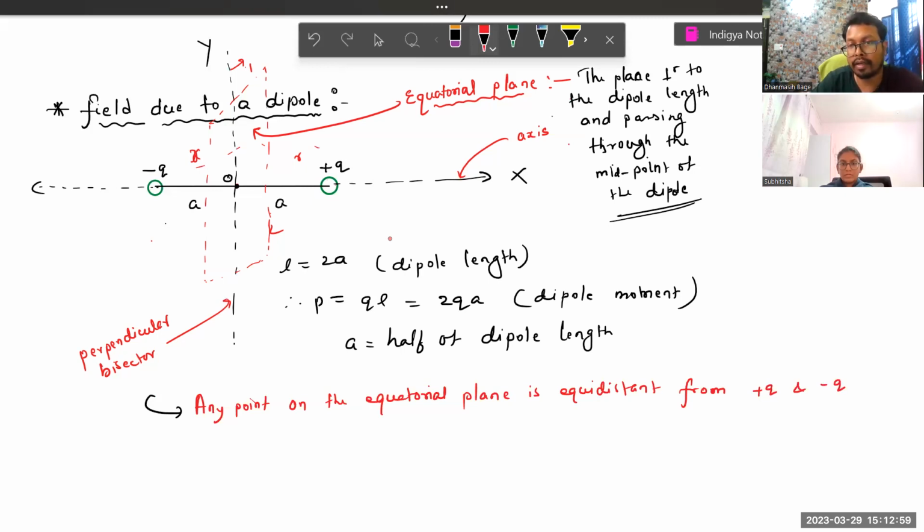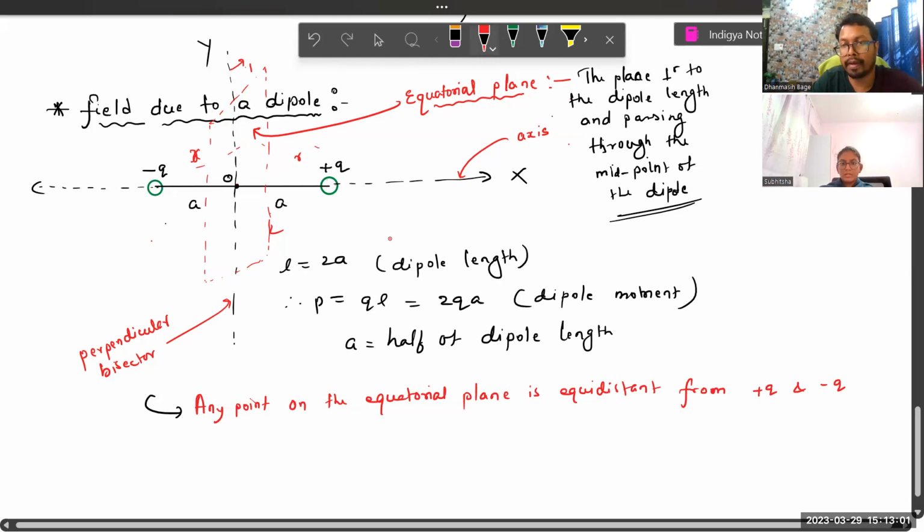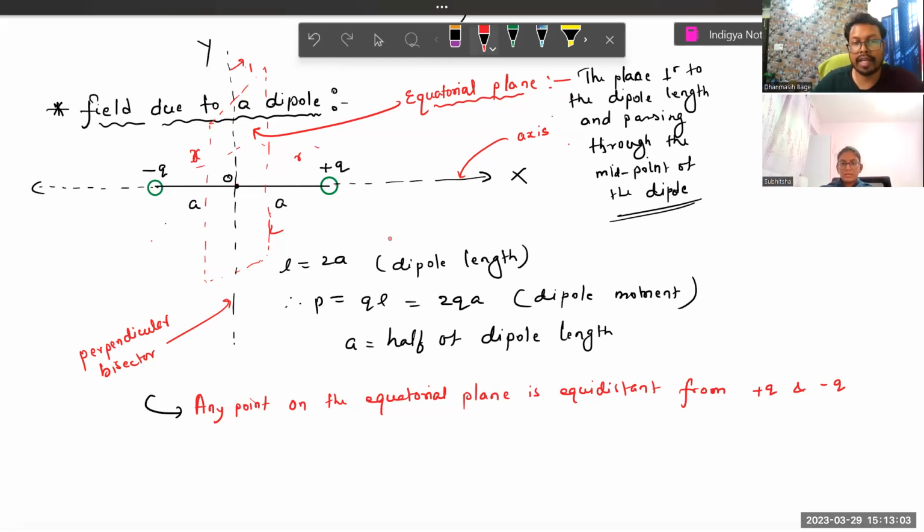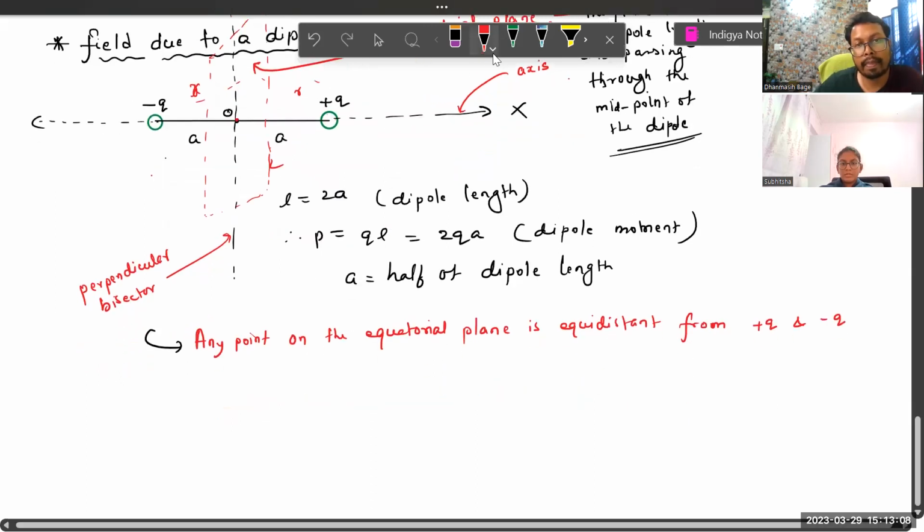They are just the two ends. So any point is equidistant from them. Just see this here.